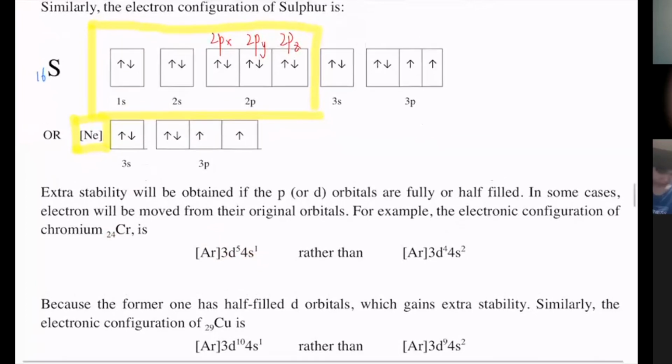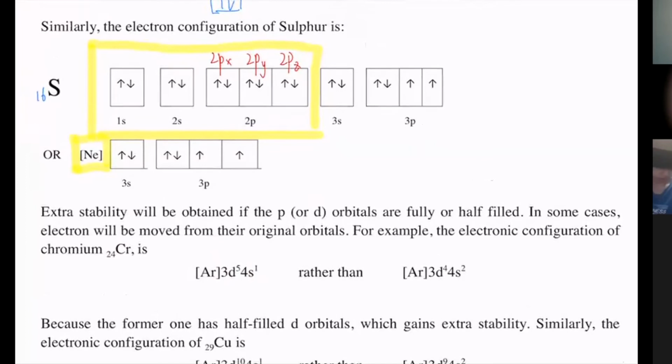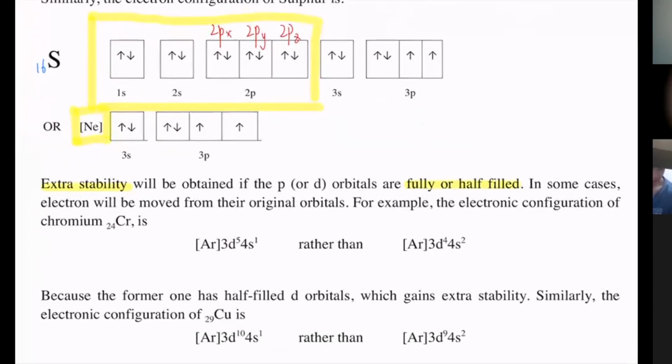But here we have one more thing we need to consider. Remember, just now I said when it's fully filled or half filled, it provides extra stability. Originally we should fill in 4s orbital first and then 3d orbital.